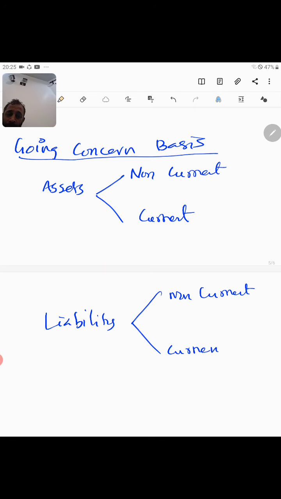Why do we do this? Simply because we are making an assumption that the business has a valid going concern basis. In the sense, the business will continue for a foreseeable future period without necessarily having to close the business. So on that basis only, we are categorizing our assets and liabilities as current and non-current.